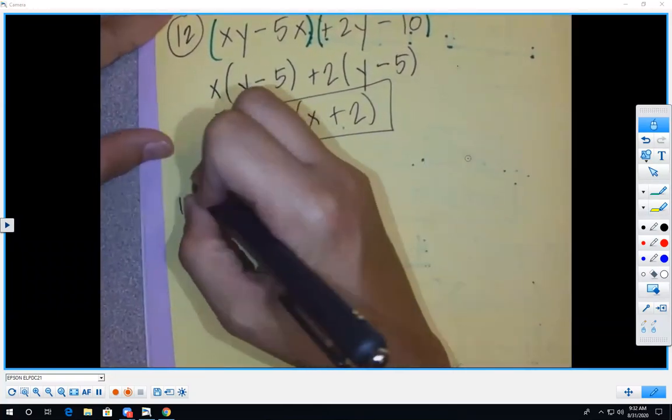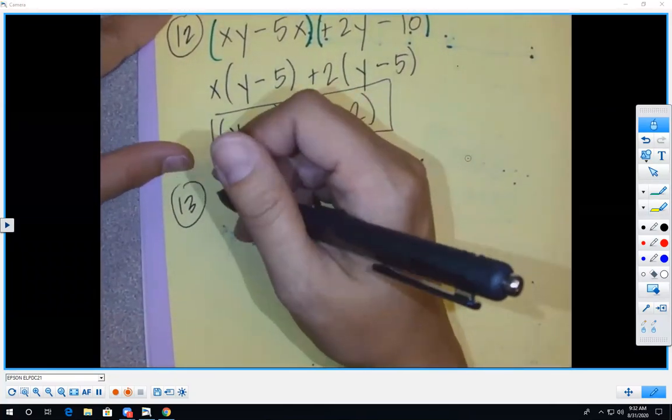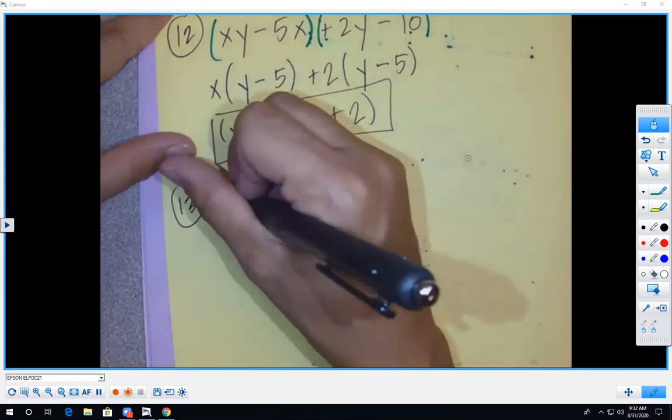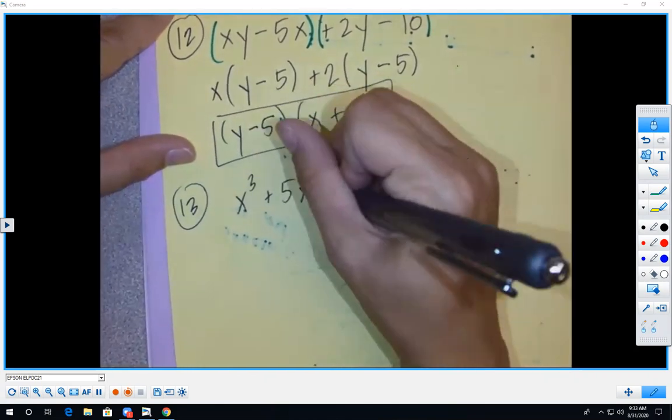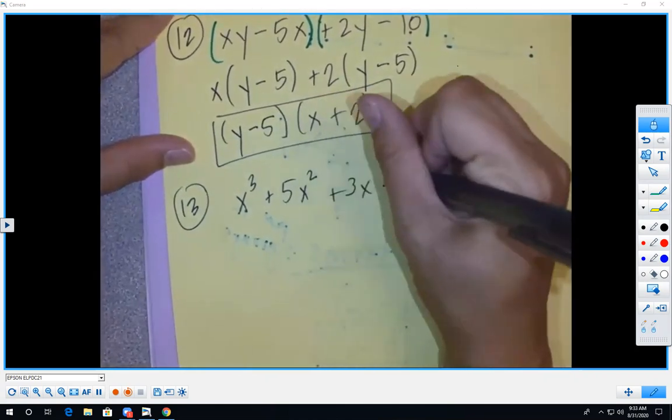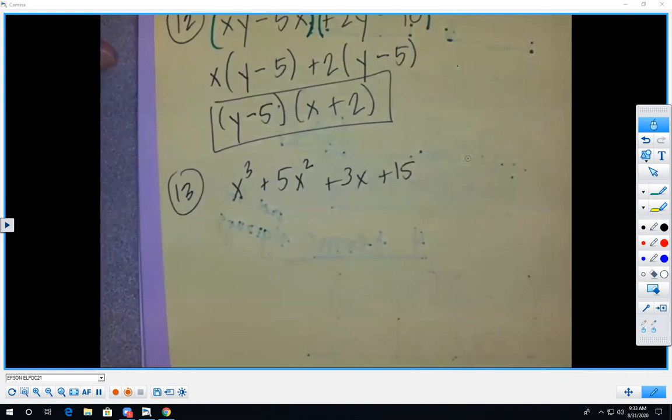Okay, let's do another one. This one's a little bit more like the problems we're going to be seeing on Wednesday. X cubed plus 5x squared plus 3x plus 15.